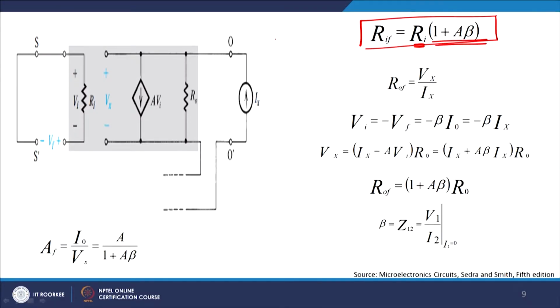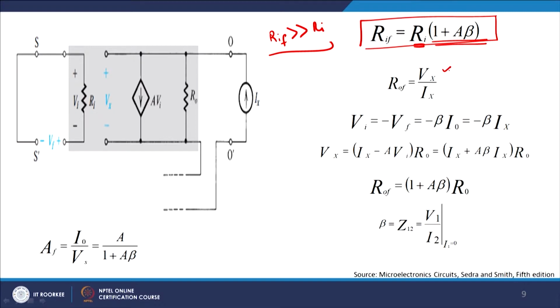So, RIF is obviously greater than Ri by a factor of 1 plus A beta. Since A beta is relatively larger as compared to 1, I can safely say that RIF is equal to Ri into A beta.